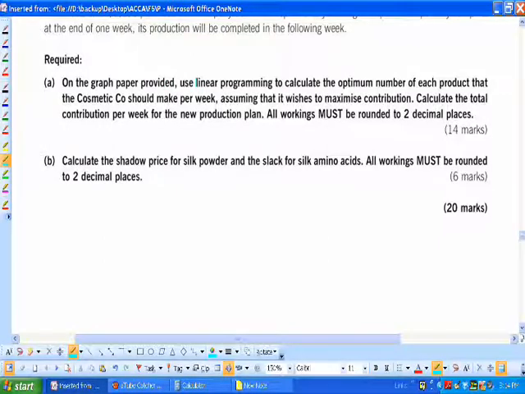If you read through requirement A, what we're trying to do is something called linear programming. I'll explain to you what that is, but I expect at this stage you have a fair idea of what linear programming is.